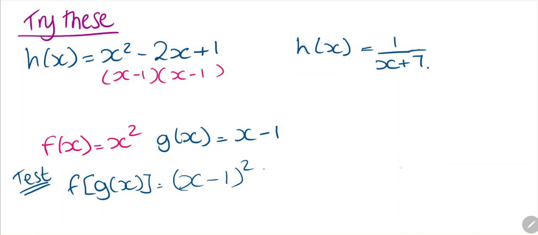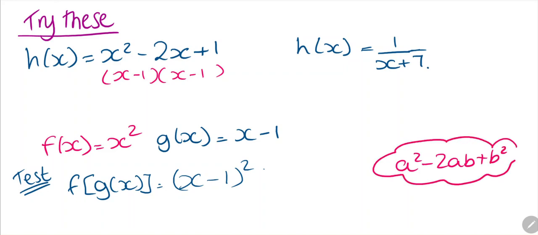If we use a squared minus 2ab plus b squared for this one, we will have x squared, minus 2x, and plus 1. So this is going to be the same as our function h, so this is correct. Okay, let's have a look.